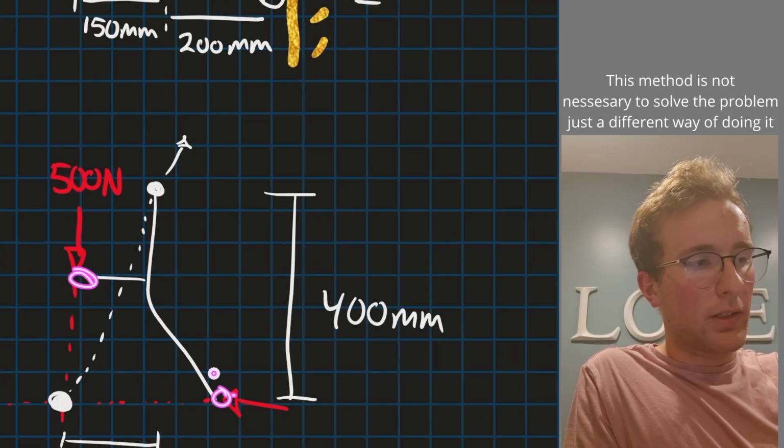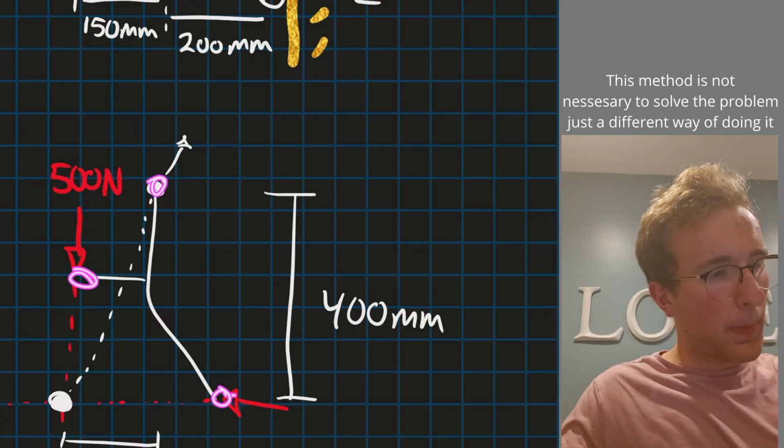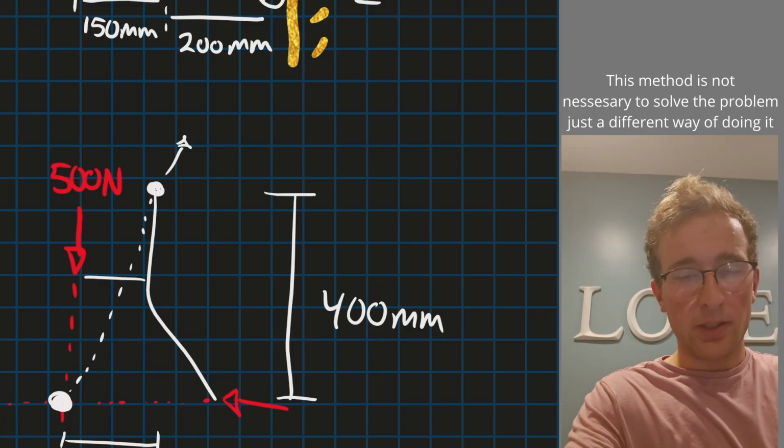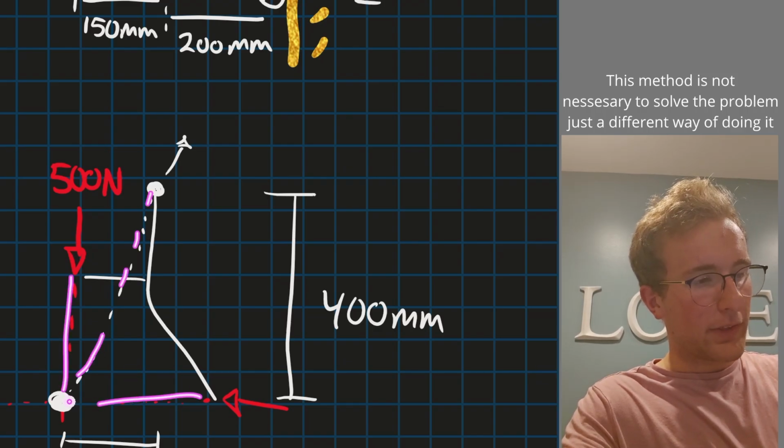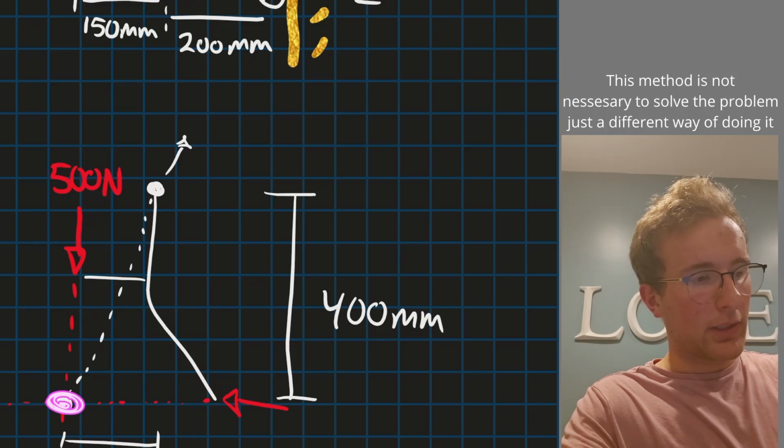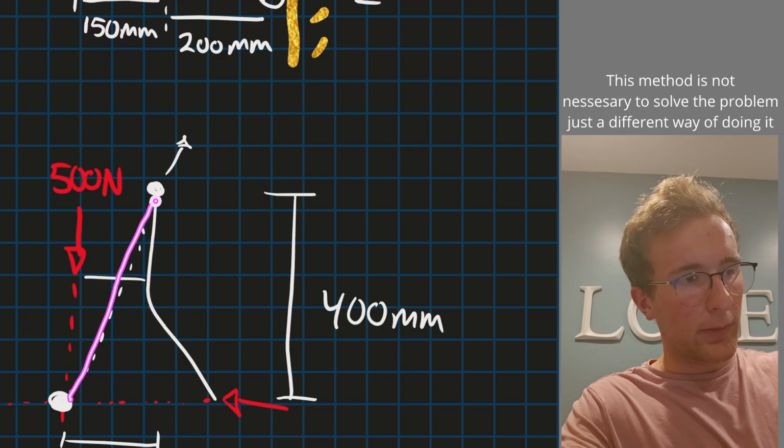There are three forces acting on it, and it's in equilibrium, so we know that those lines of action must intersect at a point. Now where is this point relative to this pin right here?